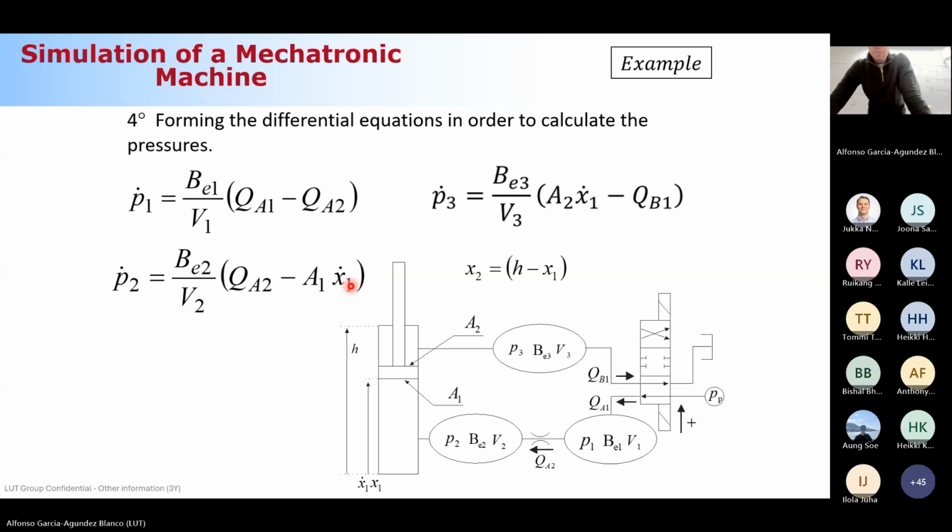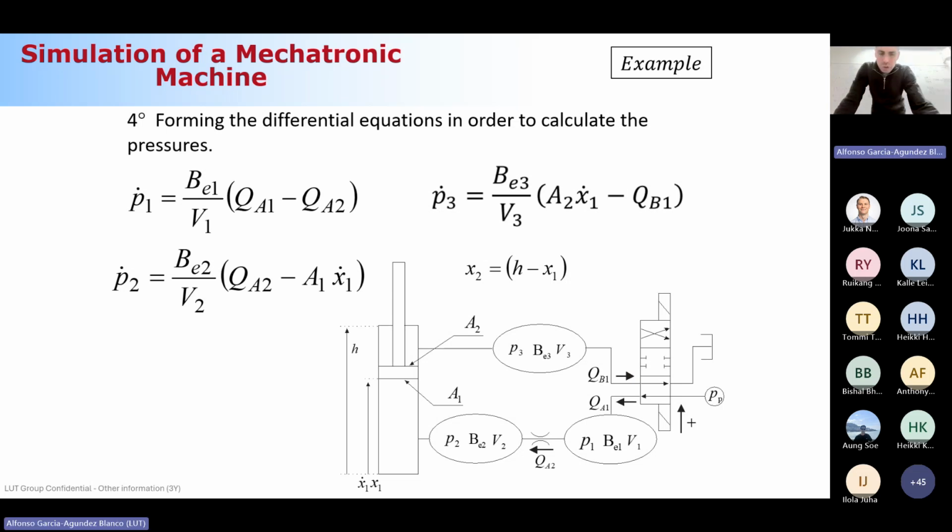Just that. And what you need to know, why do we take control volume into account? We are taking control volume into account because the lumped fluid theory is based on distinguishing different control volumes and applying the differential equation that we showed to each of these control volumes.